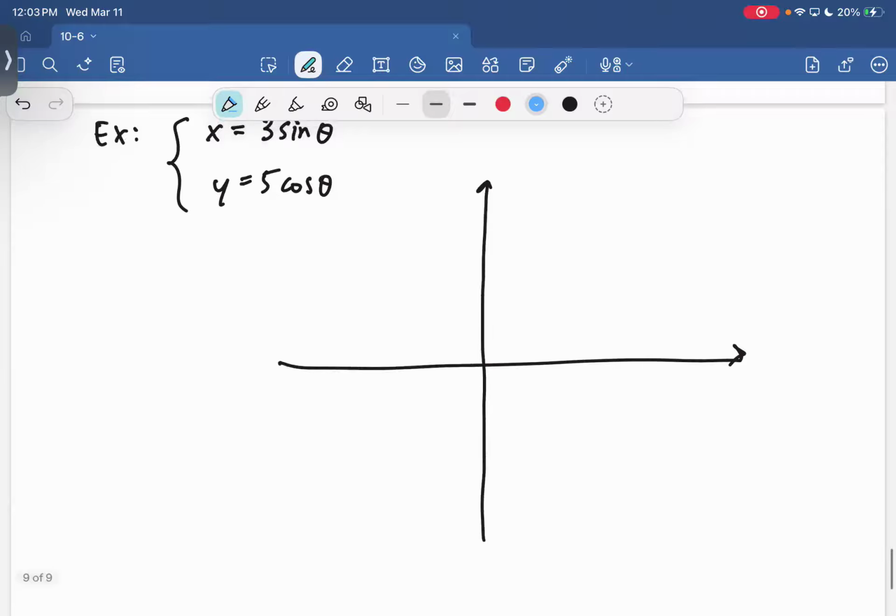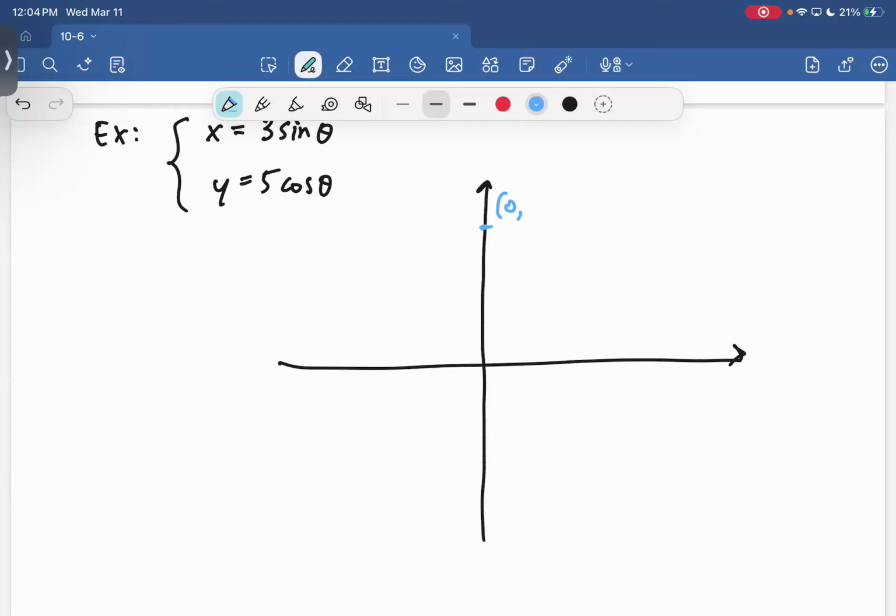Okay, so what's the coordinate when we plug in theta equals 0? It's 0, 5, because sine 0 is 0 and cosine 0 is 1.